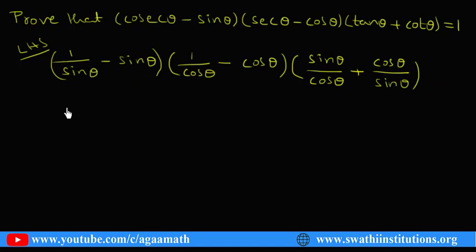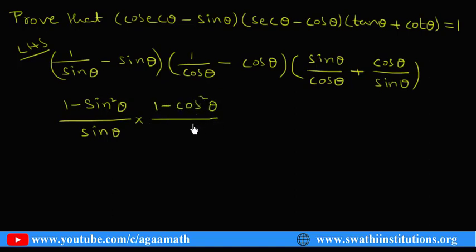If you simplify this, we get sin square theta, so 1 minus sin square theta by sin theta, into 1 minus cos square theta by sin cos theta, into sin theta by cos theta.